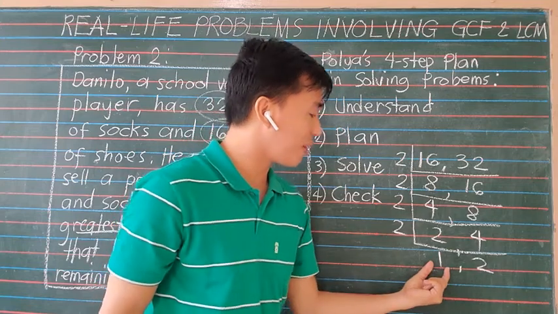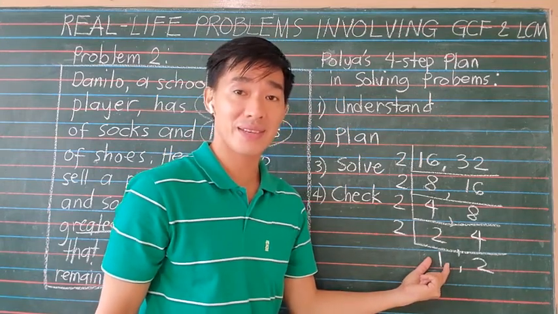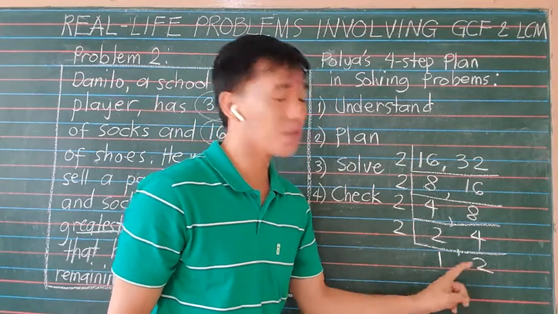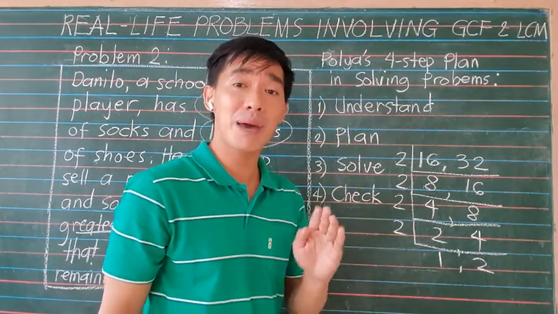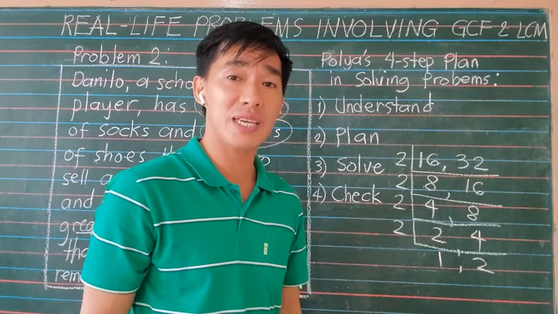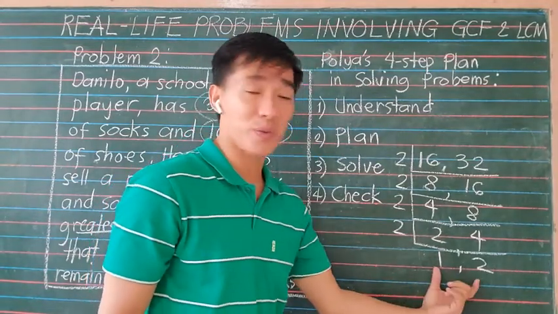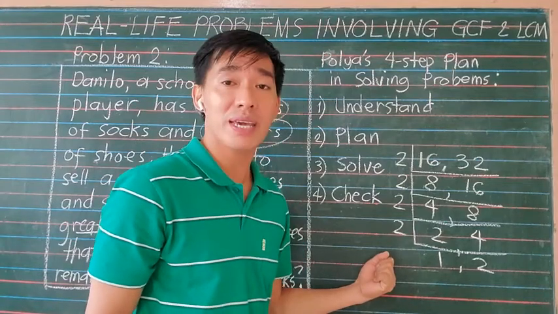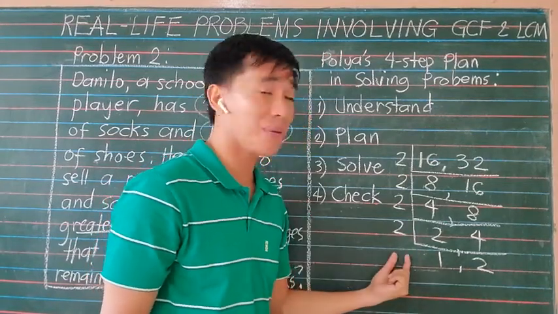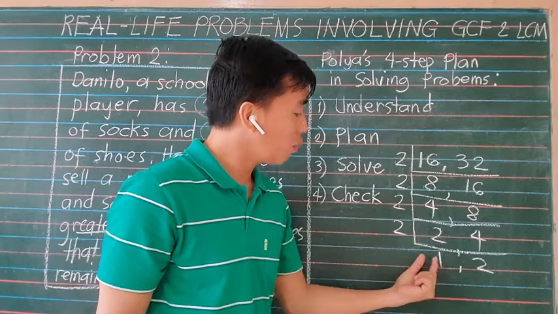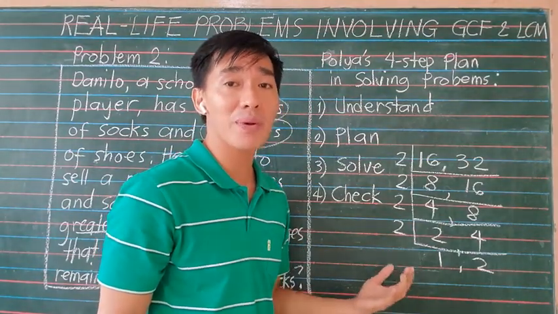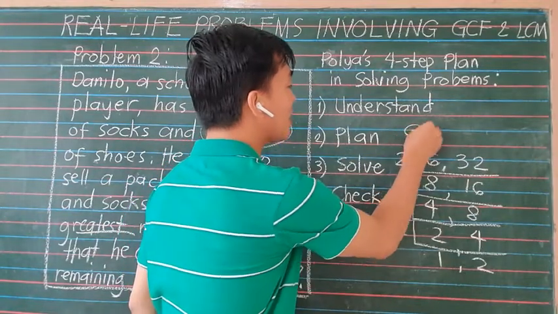So you already have 1 as one of our quotients. However, 2 here could still be divided by 2. Remember that if we are doing the GCF, all the numbers should be divisible by a divisor. In this case, only 2 can be divided by 2, and 1 is not divisible by 2 anymore. Therefore, we will stop there because we are looking for the GCF.